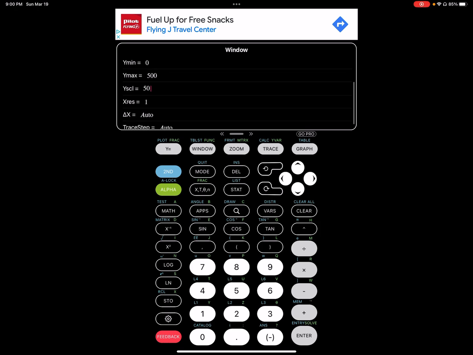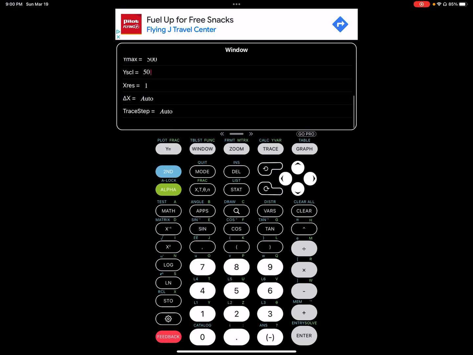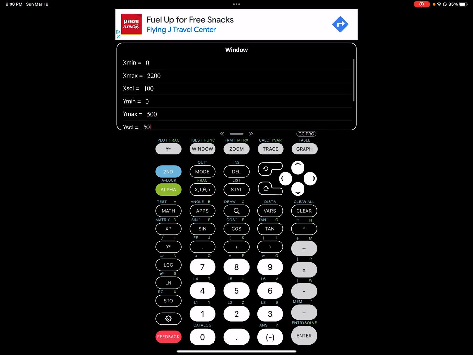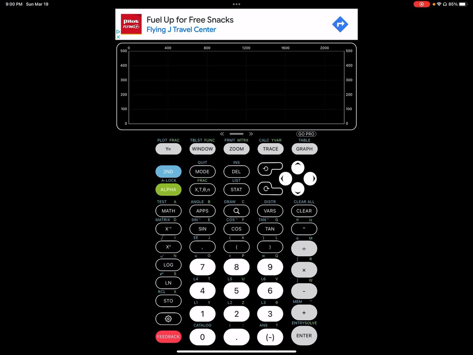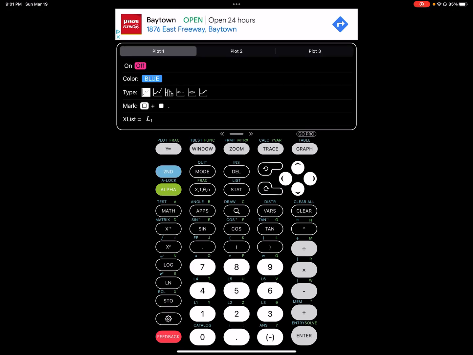And my Y max, I'm going to put up to about 500. This time I'm going to count it by a scale of 50. And I'm not sure how much he shows you to do on the calculator, but I would suggest, since you do have a calculator for it, that you use the calculator as much as you can there. And then I'm going to say graph.